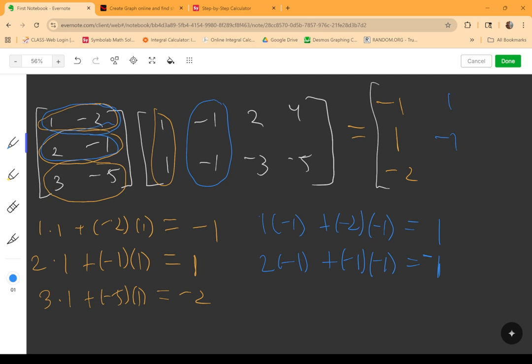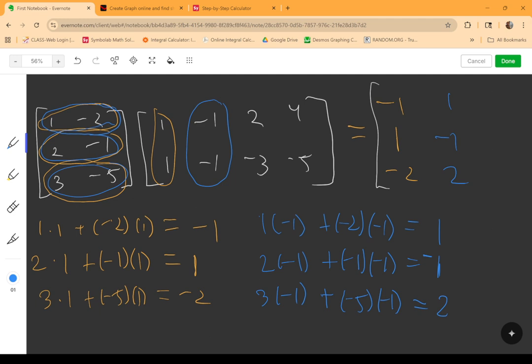Now moving on, 3 times negative 1 plus negative 5 times negative 1. So negative 3 plus 5 gives me a positive 2. Now I'm done with that second column.